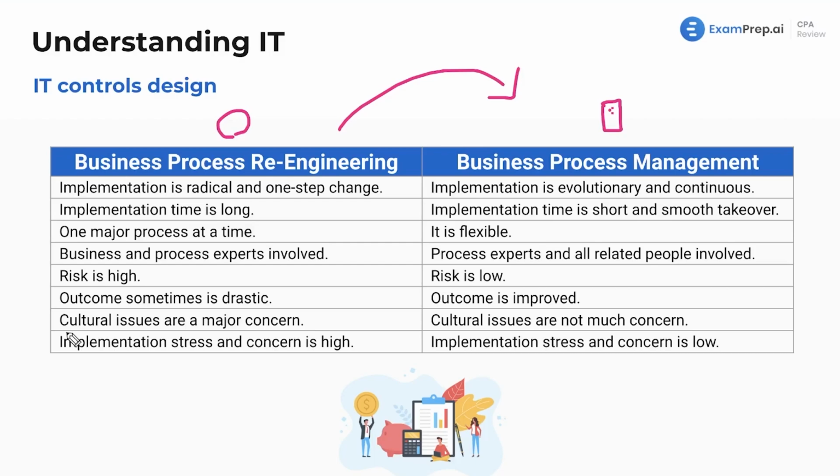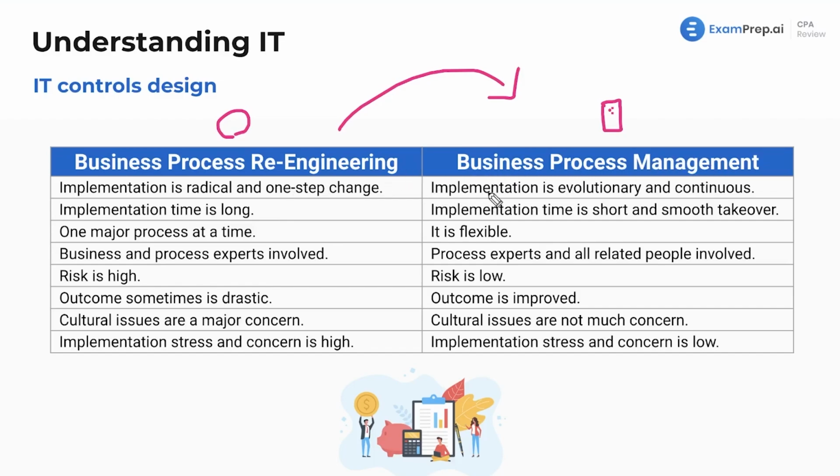And maybe they leave. Implementation stress and concern is high. I can imagine if you're completely redesigning how your company works. Maybe you go from a service-based billing the client model to a subscription-based model. That's a complete radical redesign. That is our reengineering. What about business process management?